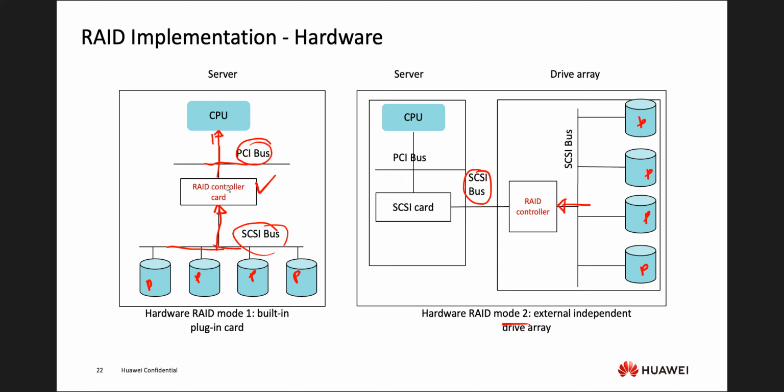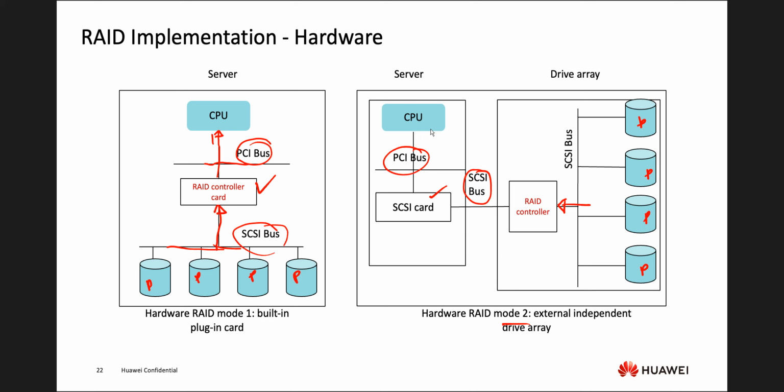Remember, without the bus, the RAID controller card can't communicate with the CPU. But in this RAID mode, you have one SCSI bus and a SCSI card, and you have a PCI bus, but you can see this is a card that's connected to your CPU. That's a different way of looking at it.